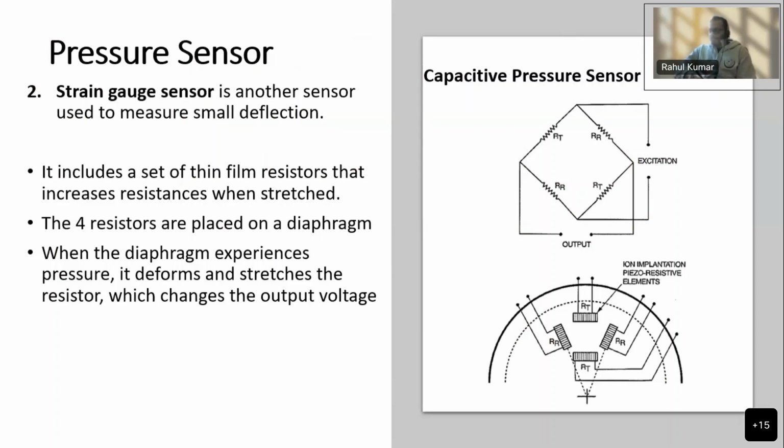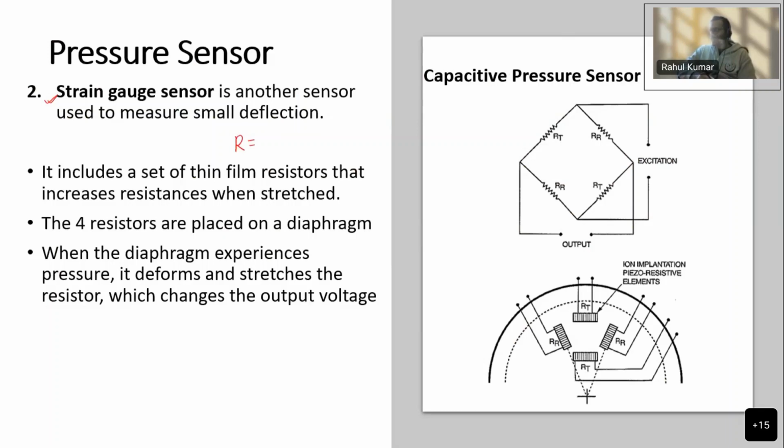The next type of pressure sensor is your strain gauge. You might have seen this formula for resistance.